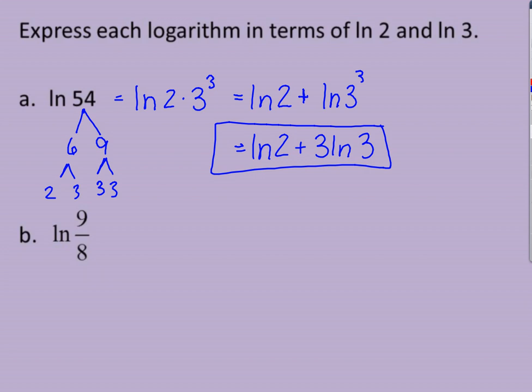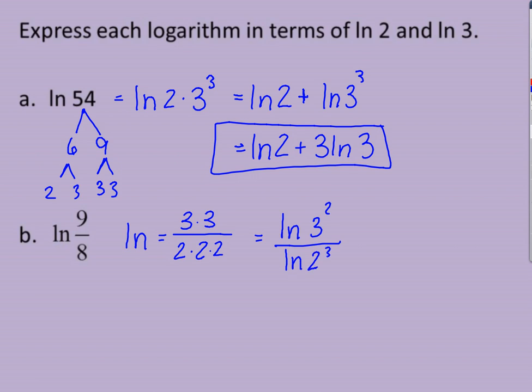If we do the same thing on the next one, 9 is 3 times 3. 8 is 2 times 2 times 2. Or we can rewrite that as ln of 3 squared over 2 cubed. Remember, division can change into subtraction when we separate. I'm sorry, there's not an ln on top and bottom. The ln is just out front.